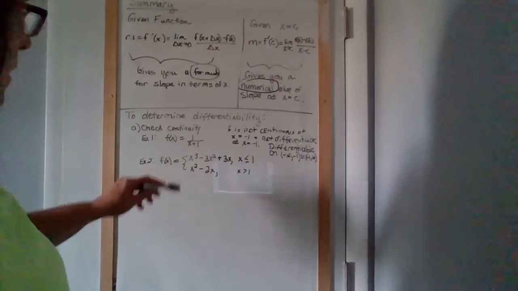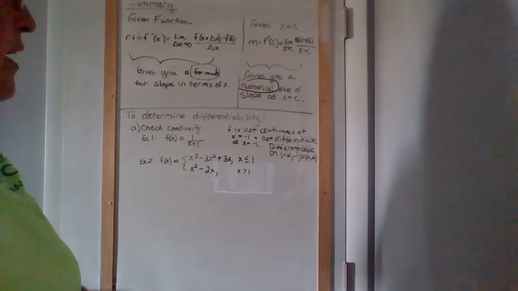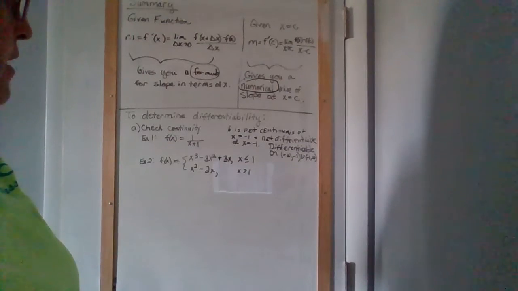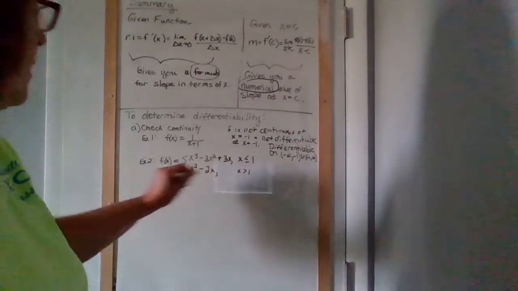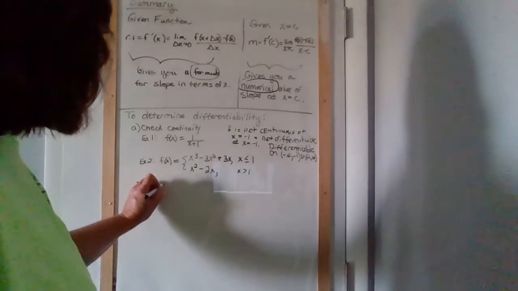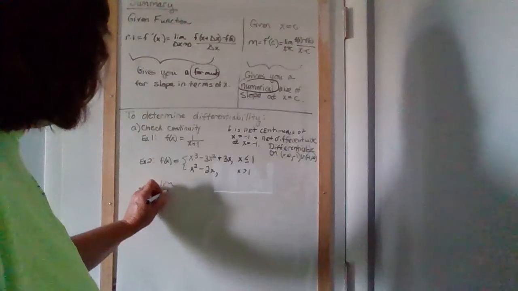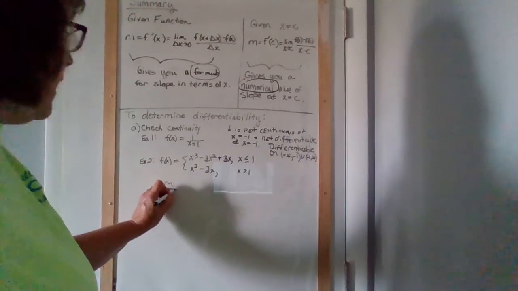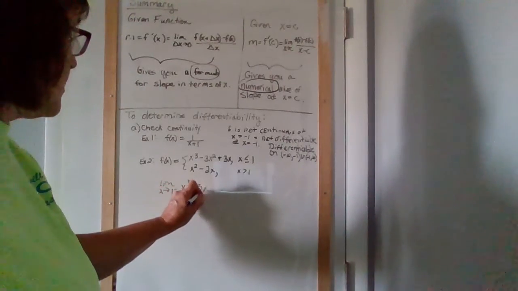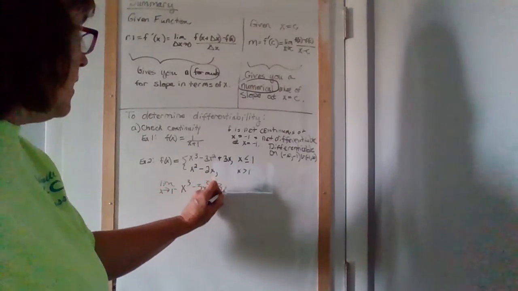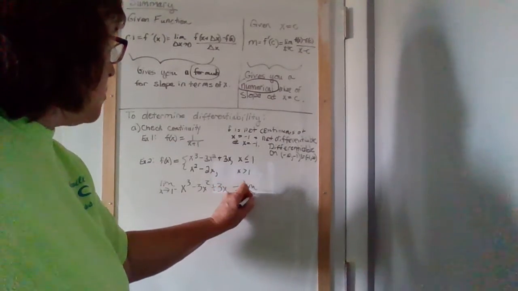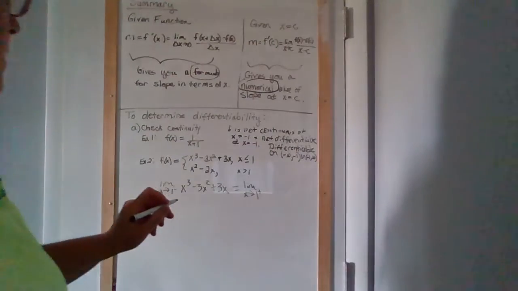If you have a piecewise graph, as we did in the previous chapter looking at limits, we would need to make sure that the limit, so for this problem, for the graph to be continuous, the limit as x approaches 1 from the left, in which case I would use x to the third minus 3x to the second plus 3x, has to equal the limit as x approaches 1 from the right.